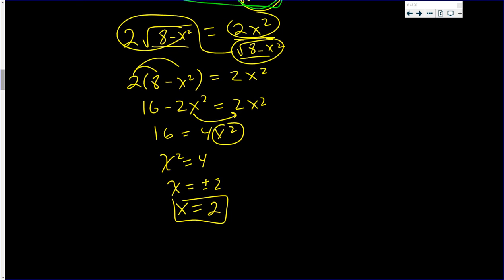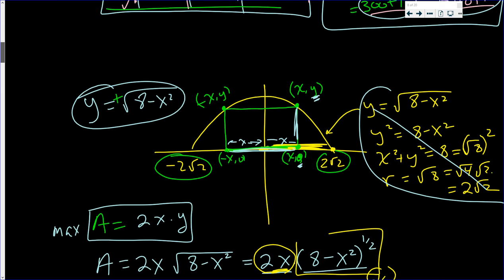X equals 2 is a critical point. So if x equals 2, y is equal to the square root of 8 minus 2 squared, which is 4. It equals the square root of 4, which is 2. That is, it's going to be 2, 2, and negative 2, 2.